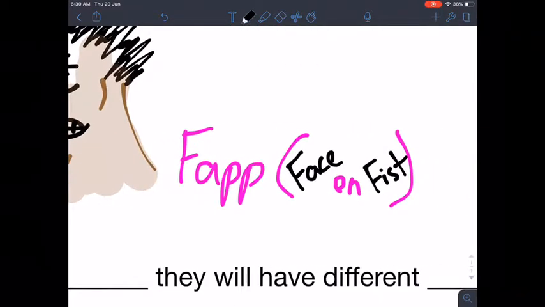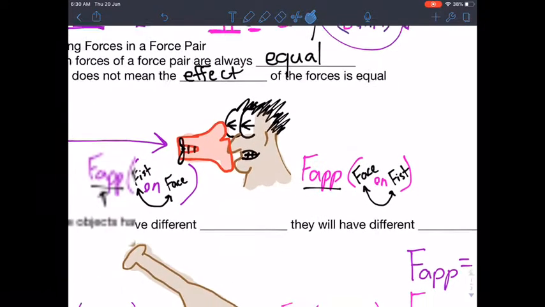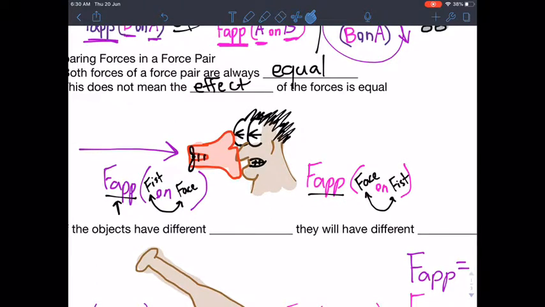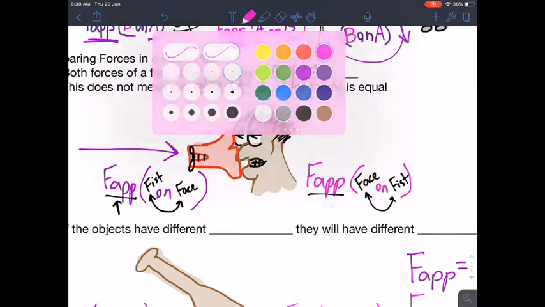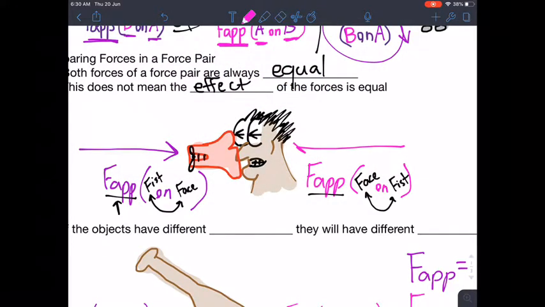So over here, still the same kind of force, face and fist have been swapped. Okay? So that applied force from the face on the fist is in the opposite direction, and it's just as big of a force. Those two forces are equal, but the effect is not the same.